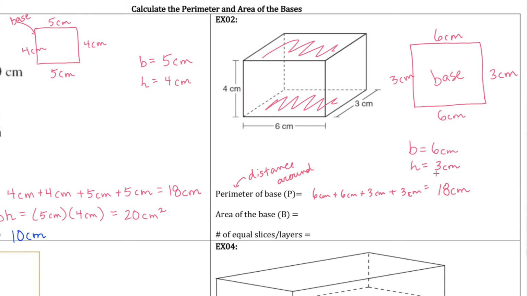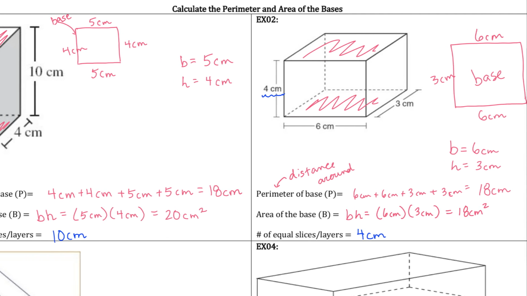So, base times height equals 6 centimeters times 3 centimeters, which is 18 centimeters squared. Oh, what a coincidence. And then lastly, let's talk about how tall our cake is. It's 4 centimeters. That's 4 centimeter layers.